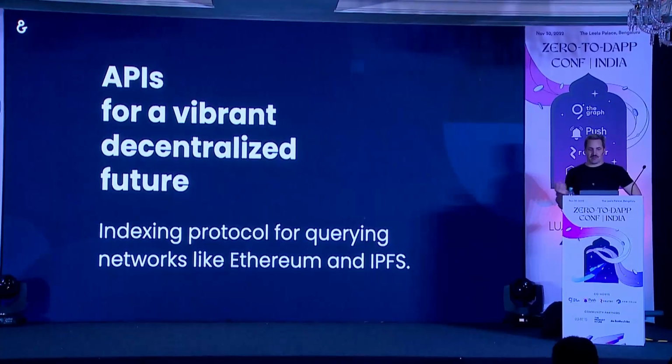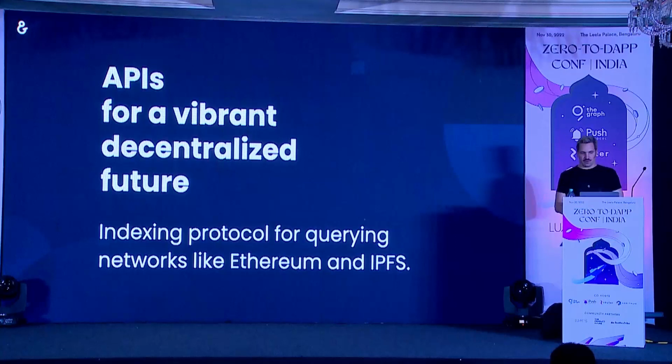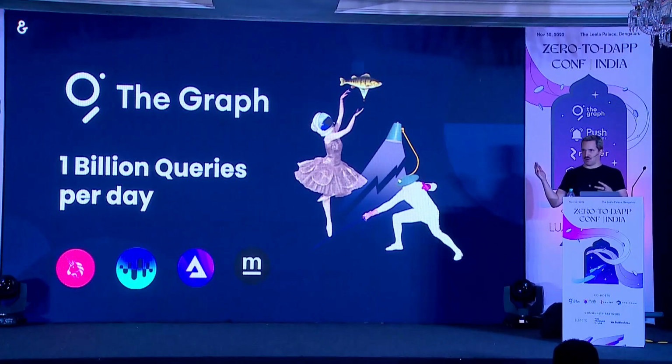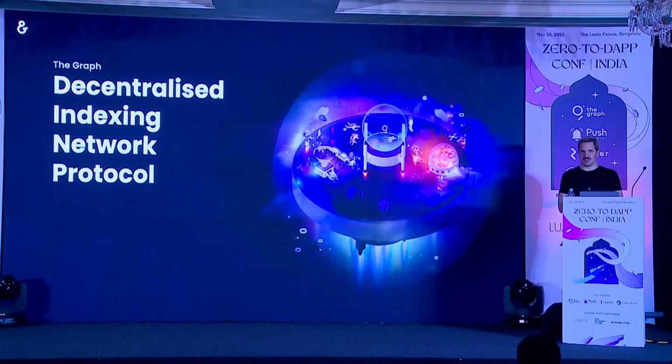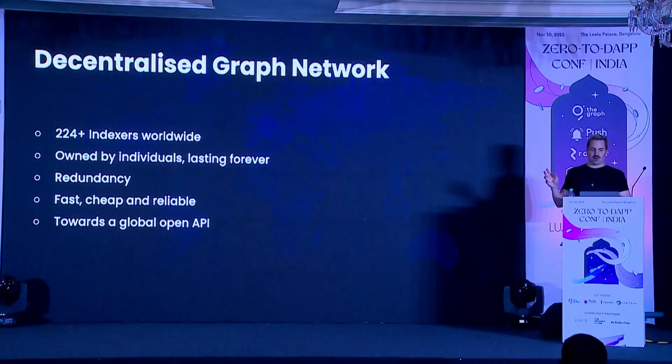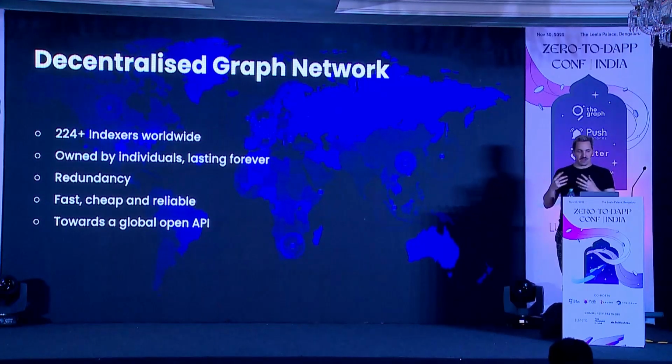So as I said, The Graph is the APIs for a vibrant future. We have currently more than 1 billion queries per day on the hosted service, and we are moving those slowly but surely to the decentralized indexing network. There are more than 224 indexers worldwide. We will be currently onboarding more indexers, and these people that run these servers or these indexers are individuals.